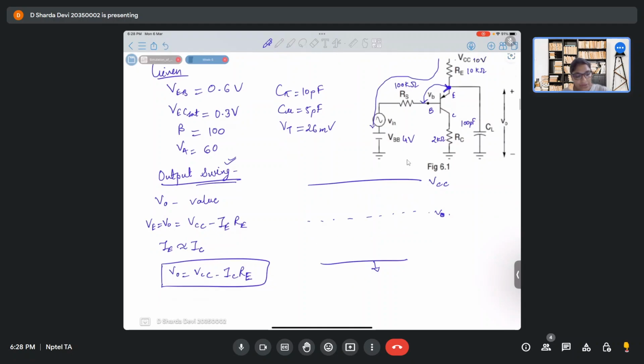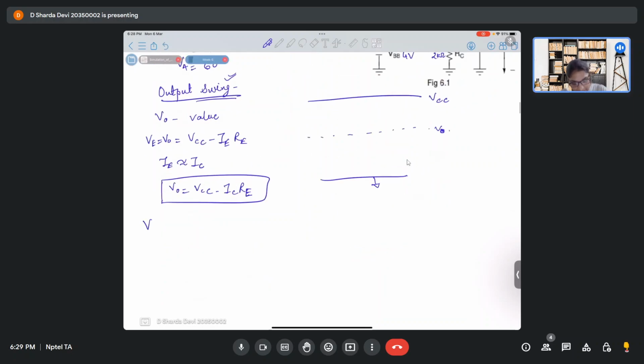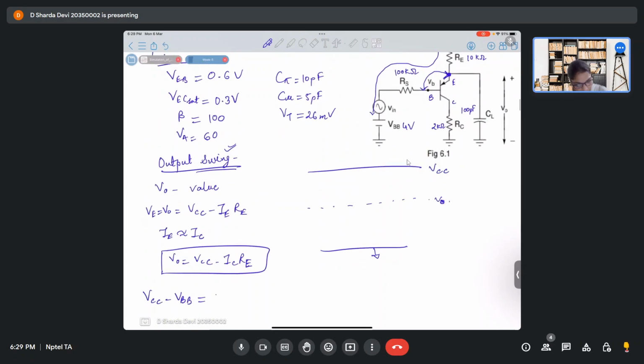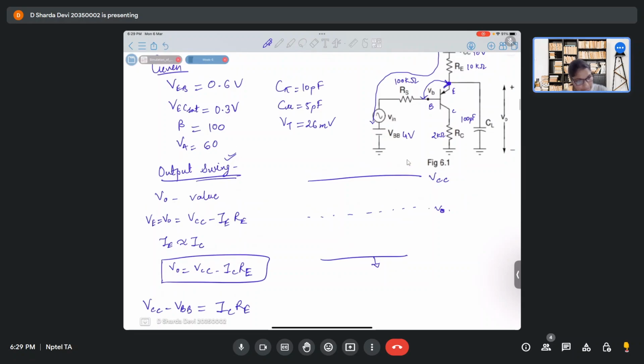Yes, ma'am. So how will we write it? It's VCC minus VBB, the potential difference, is equal to ICRE plus VEB plus IBRS, right? This is how we'll write.